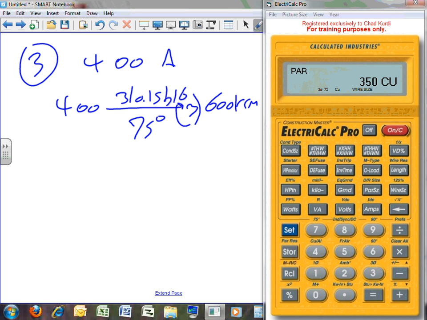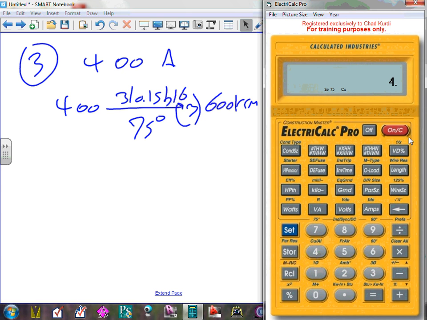Let's do the calculator right on the spot since it's here. Here's my 400. Let me clear. Start new, 400, hit wire, copper. Did I do 400 copper? Oh, I'm paralleling. Am I still paralleling? What am I using? 75 copper. I have 400.